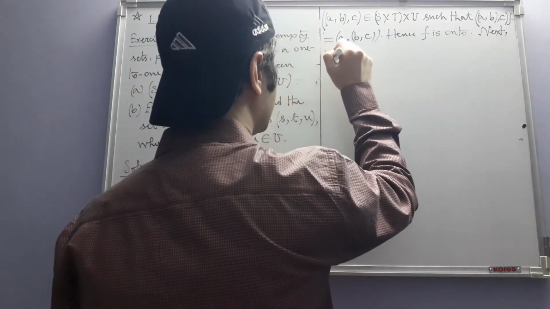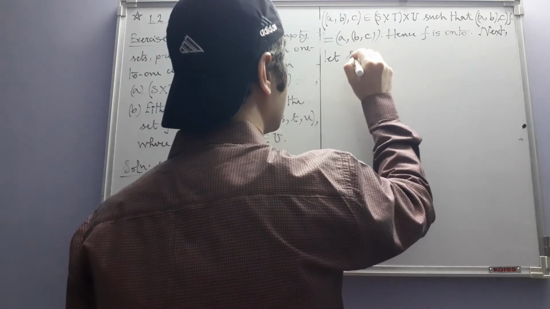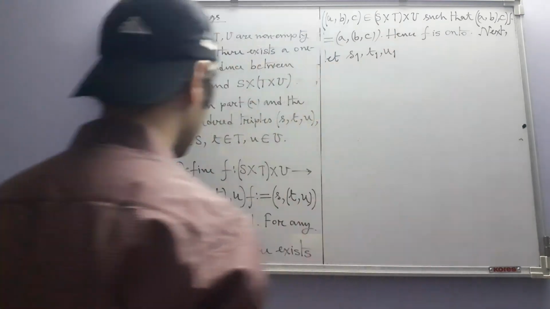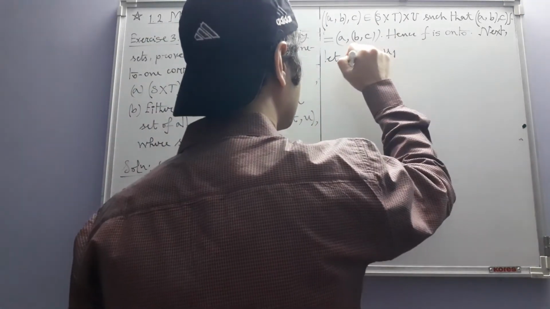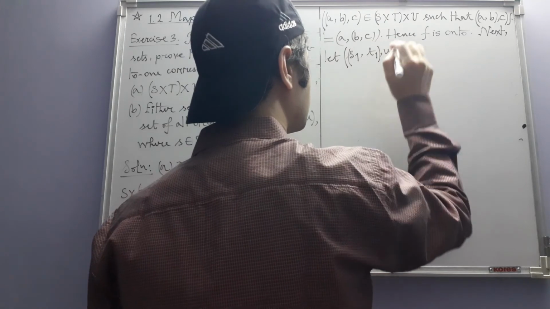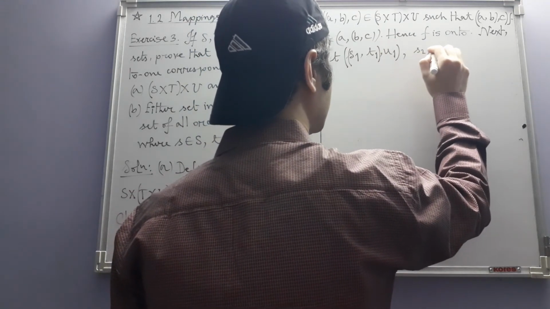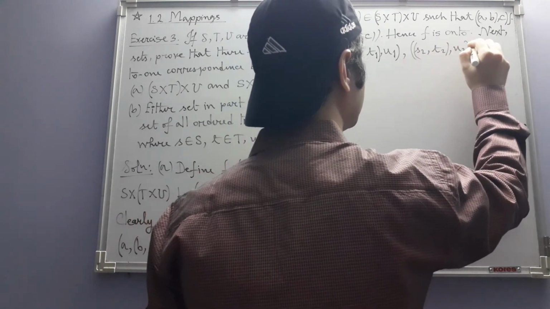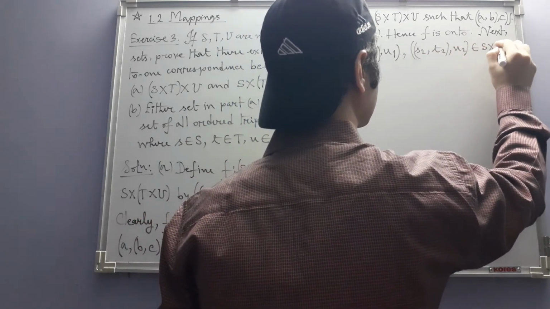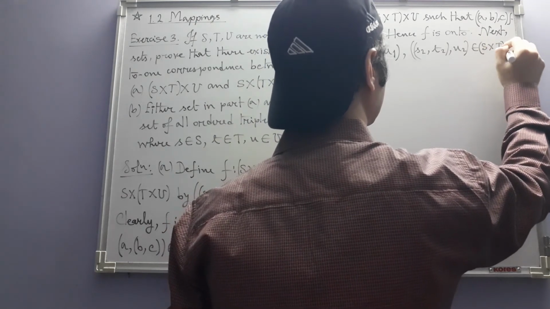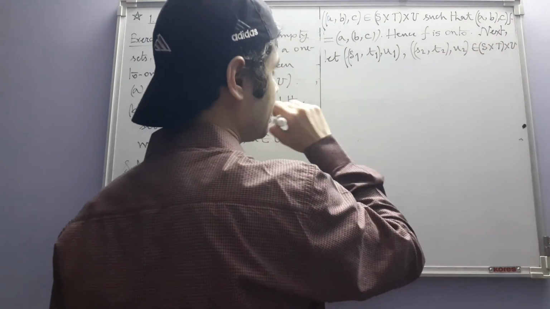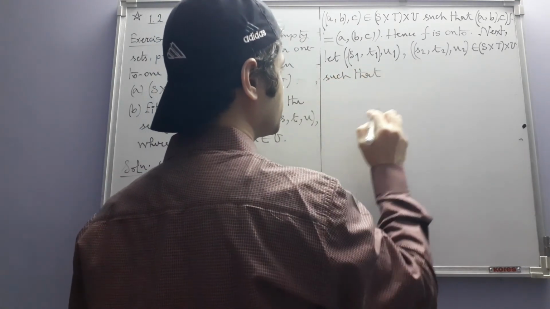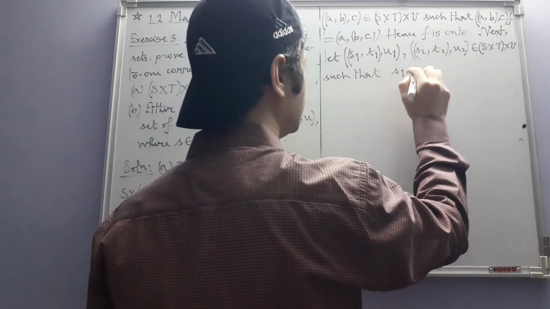Next, let (s1, t1, u1), (s2, t2, u2) belong to S cross T cross U, such that their F images are equal.